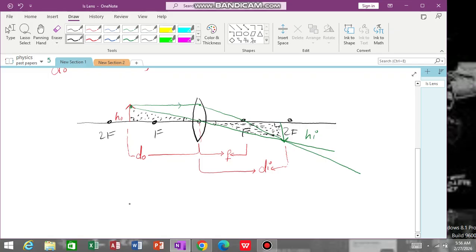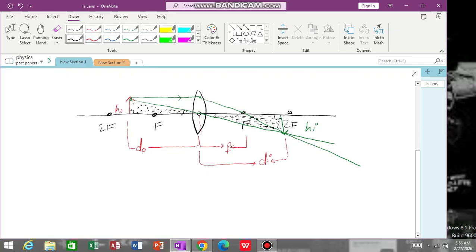Now in these two triangles, suppose this is theta 1 and here this one is theta 2. If I consider theta 1, tangent theta means the ratio between the perpendicular and the base. So from this triangle, HO is the perpendicular, and the base is given as DO.